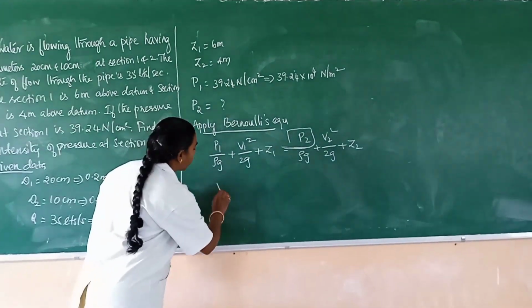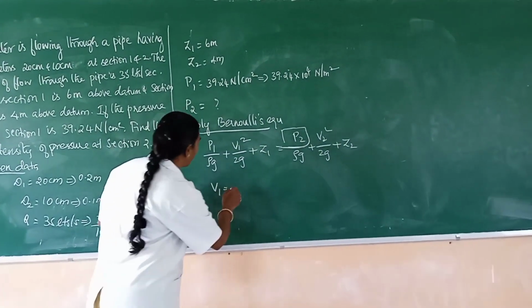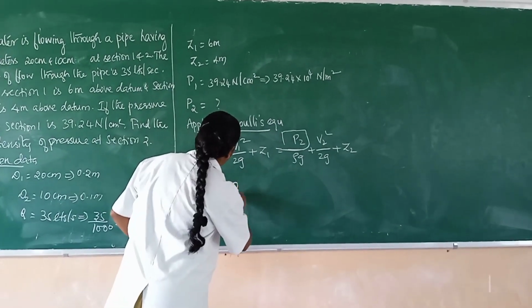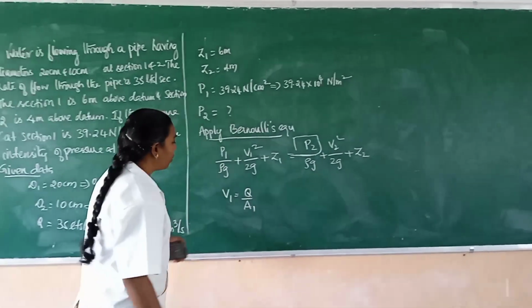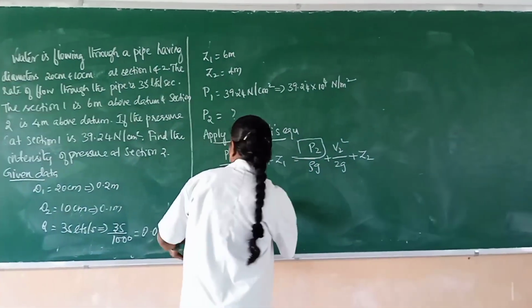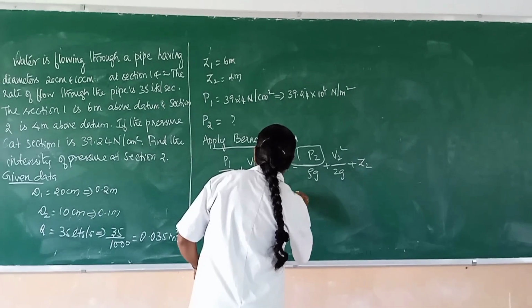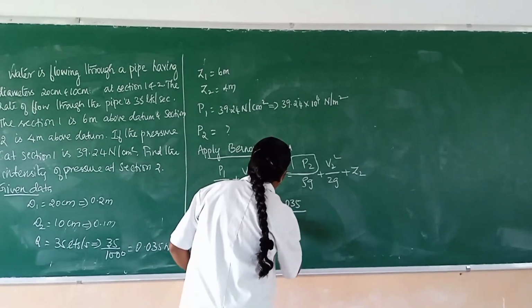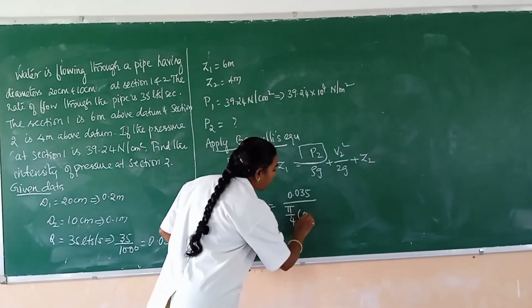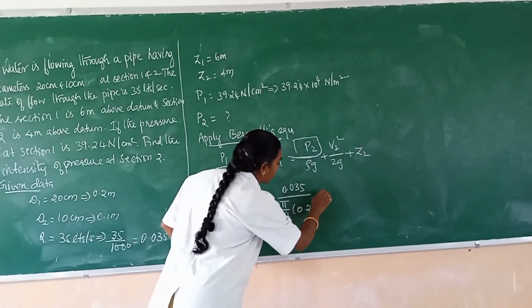First we need to find out V1, which is equal to Q by A1. Q is given as 0.035. A1 is equal to pi by 4 into D1 square, 0.2 square.